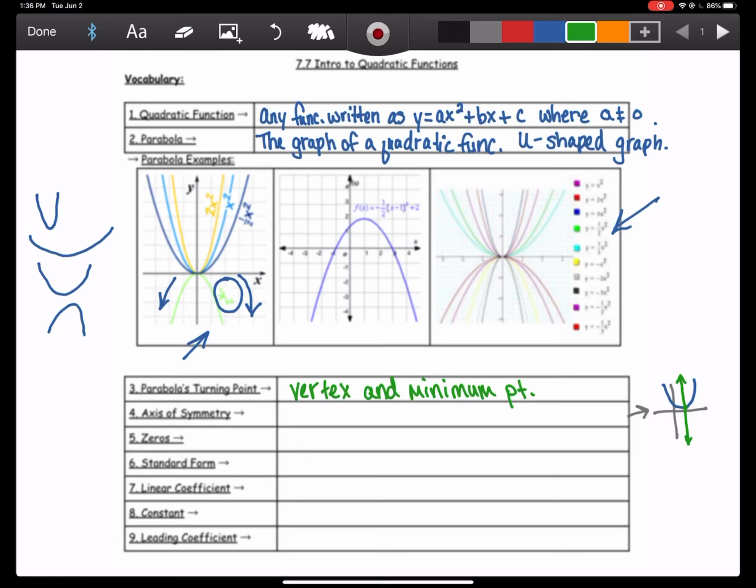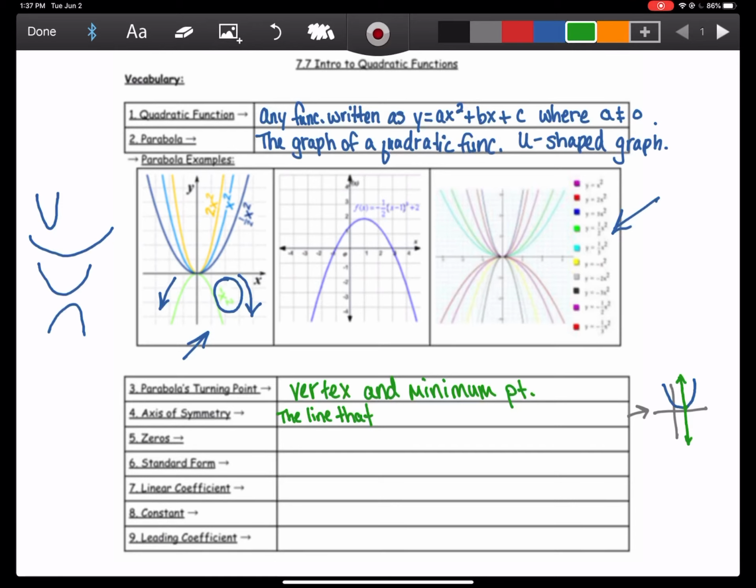So let's describe this as the line that travels through the middle of the parabola. We could shorten this, maybe say that cuts the parabola.